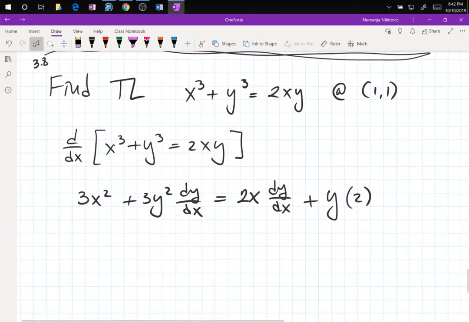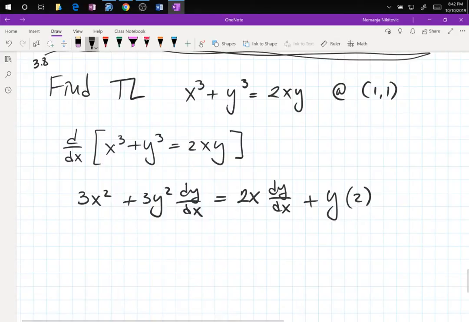All right, here is the boss move. I am not going to solve this for dy/dx. I'm just going to plug in everything right there, replacing every dy/dx with m.